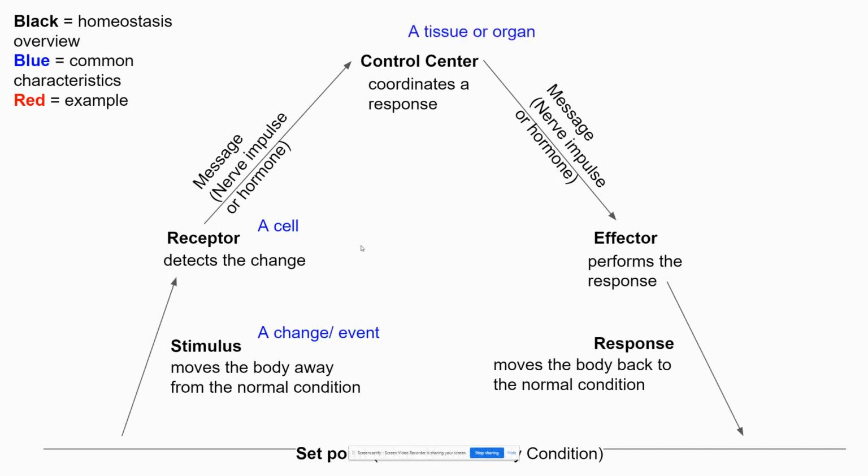The control center is going to be a specific tissue or an organ. The effector is also going to be a specific tissue or organ. And the response that the effector does is going to be an action. Okay, so pause if you need to. Write down everything that you see before you move on.